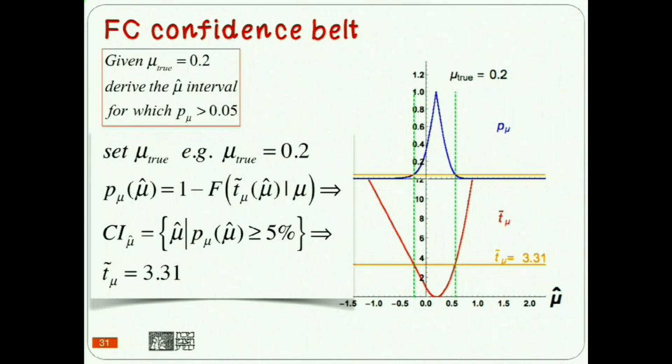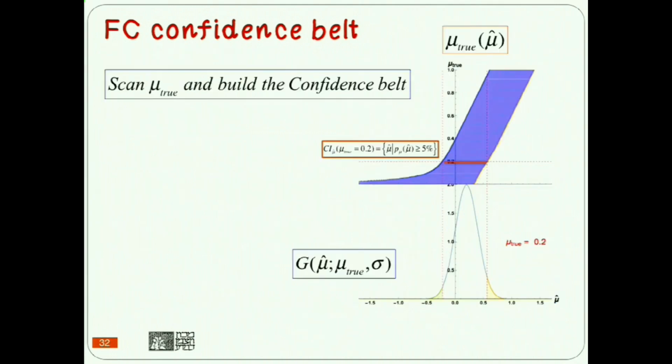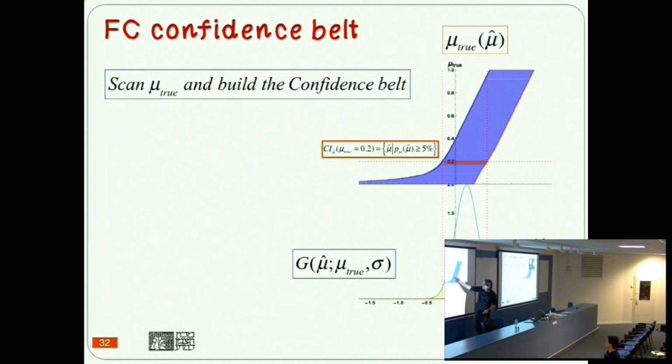And it occurs at T tilde mu equal 3.31. Now I can repeat it for each truth mu. I repeat it, and I get the belt, right? I scan this mu, and I get this.